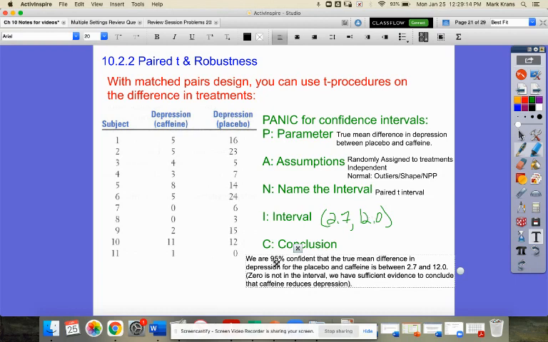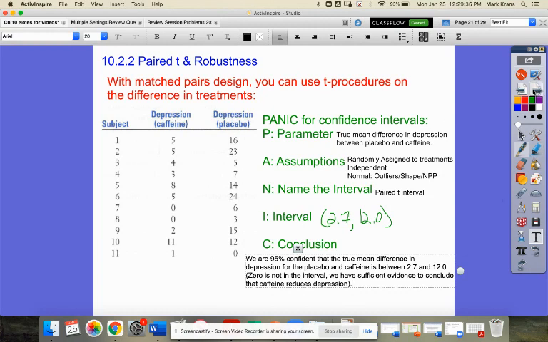If there is a possibility that there is zero difference, we know that there is a difference. Okay? So there's sufficient evidence because zero is not in the interval. When zero is in the interval, then you say, oh, there might be no difference. But since zero is not in the interval, we have sufficient evidence to conclude that there is a difference. Okay?